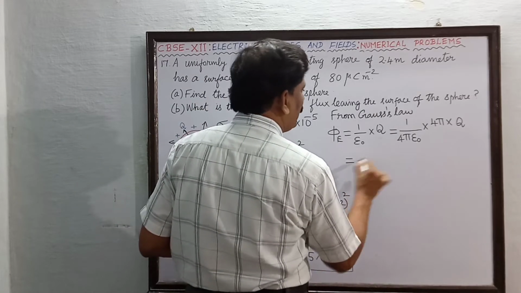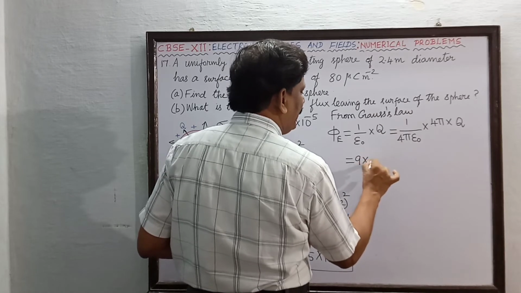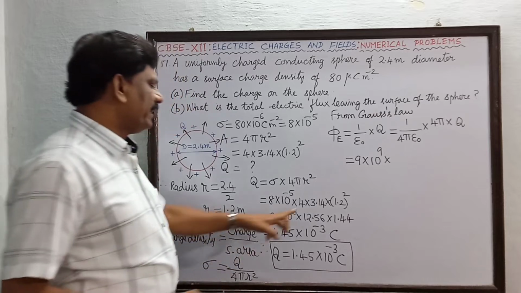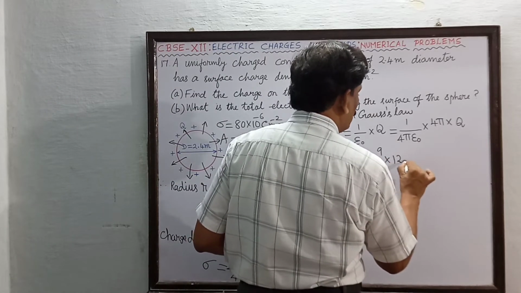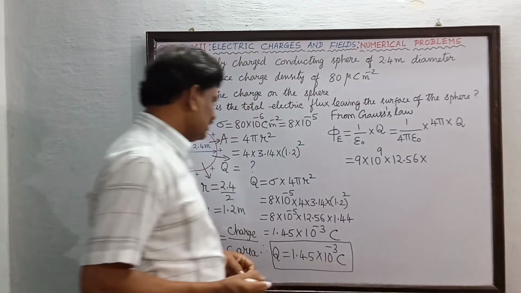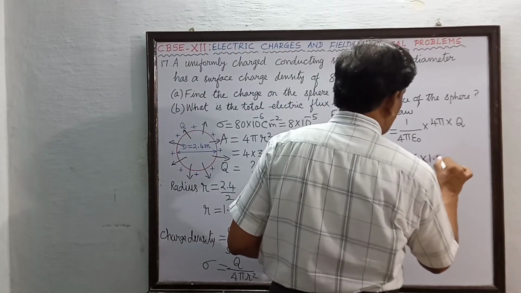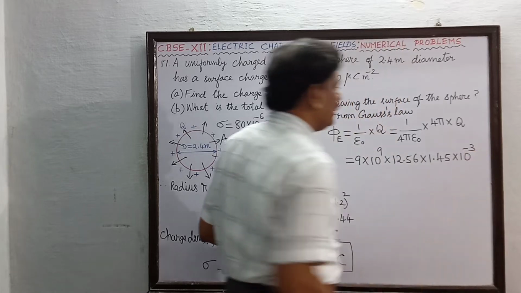So this is now equal to 1 by 4 pi epsilon naught, whose value is 9 into 10 to the power of 9, into 4 pi, which we have already found is 12.56. So this is into 12.56 into the charge. The charge is 1.45 into 10 power minus 3. So this is 1.45 into 10 to the power of minus 3.